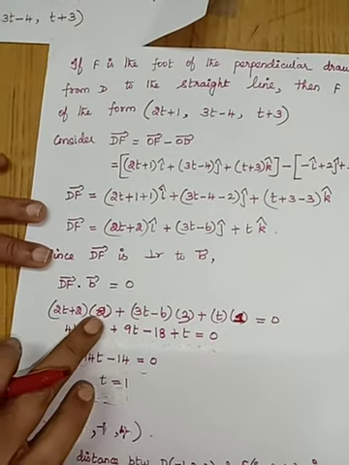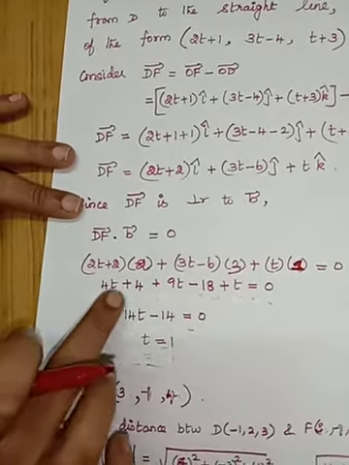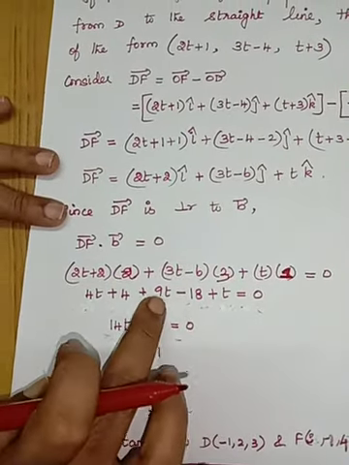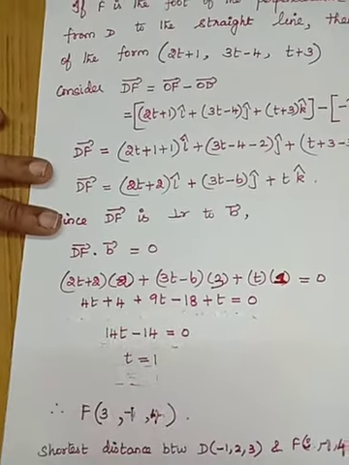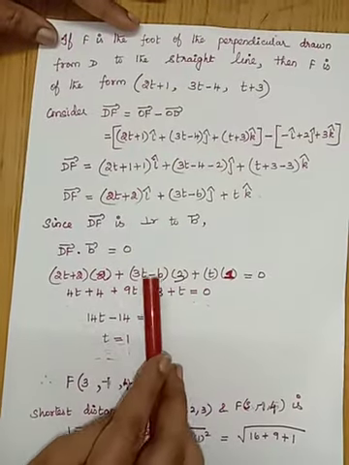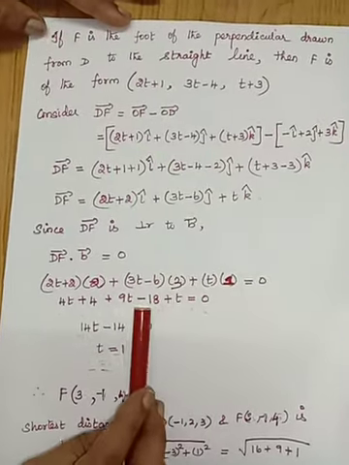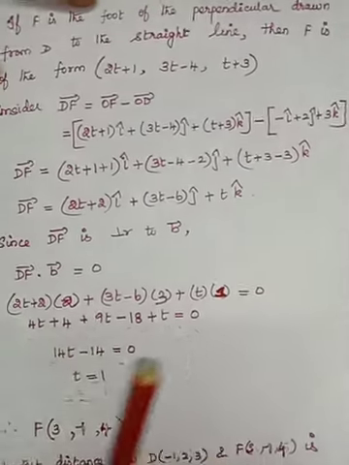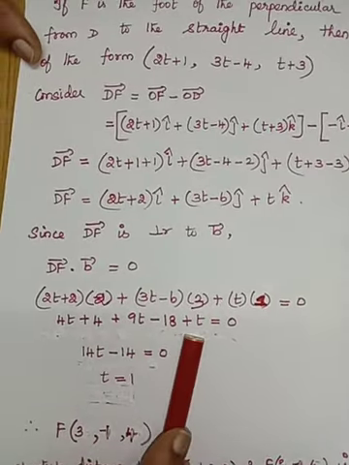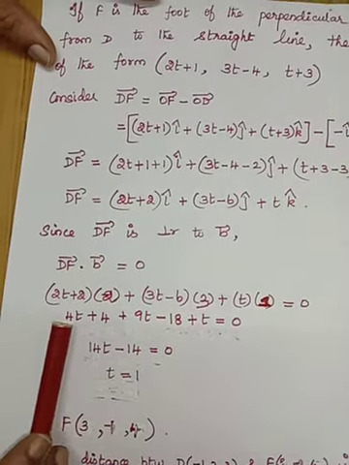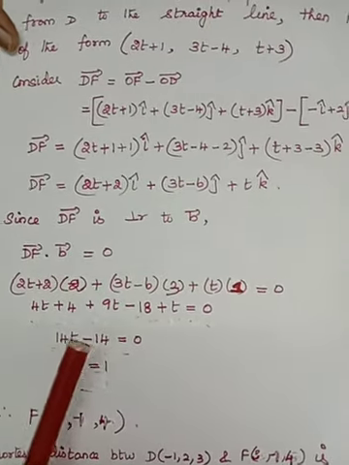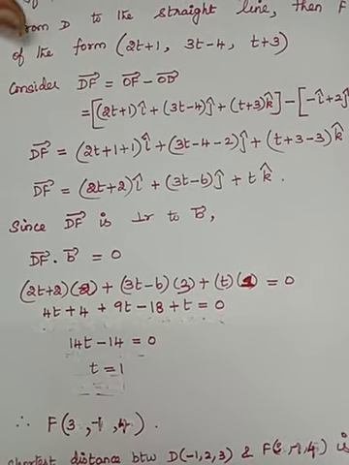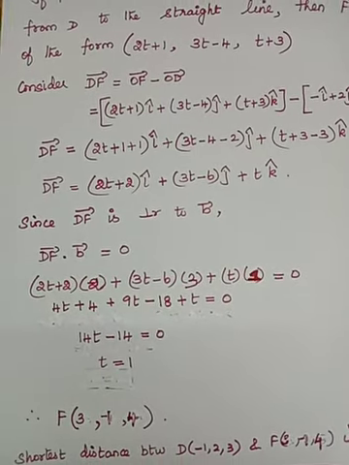While you are evaluating, 2 into 2t is 4t, plus 2 twos are 4, plus 9t minus 6 into 3, that is minus 18, plus t into 1, which is t, equal to 0. So 9t plus t is 10t, 10t plus 4t is 14t, and 4 minus 18 is minus 14, equal to 0. So you are getting t is equal to 1.